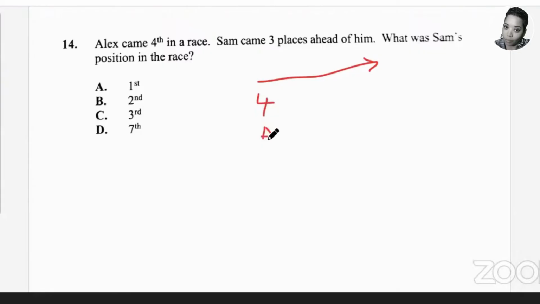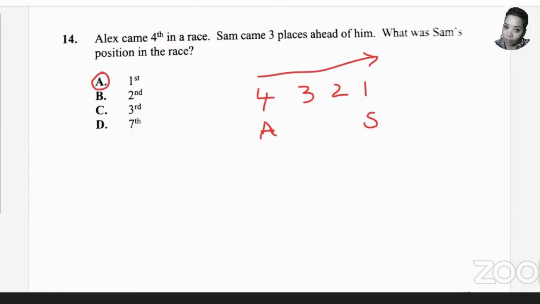Now, Sam came 3 places ahead of him, so we don't know where Sam is as yet. So this is 4th, this would be 3rd place, this would be 2nd, and this would be 1st place. So if this is Alex and Sam came 3 places ahead of him, then Sam is 1st. Okay, so the answer would be A, Sam is 1st. Let's move on to the next question.